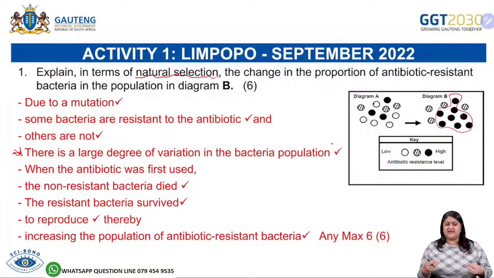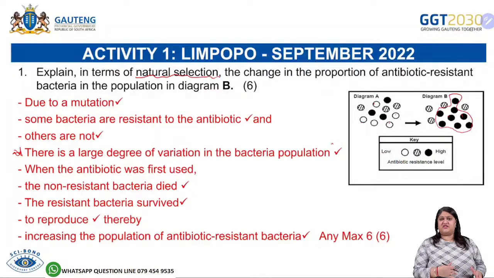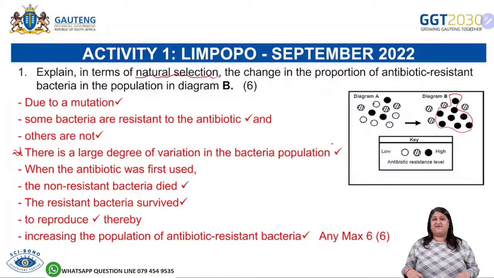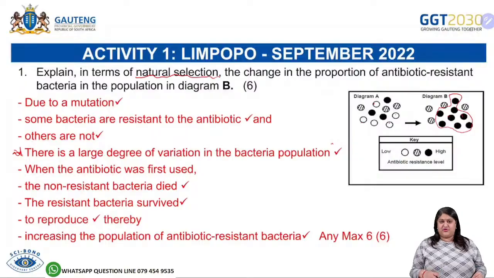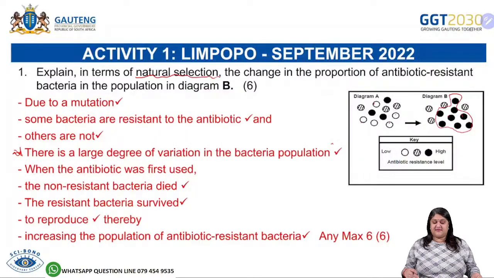So a mutation occurred which caused some bacteria to be resistant to the antibiotic, okay? So when the antibiotic was first used, the non-resistant bacteria died and the resistant bacteria survived to reproduce, therefore increasing the population of antibiotic resistant bacteria.